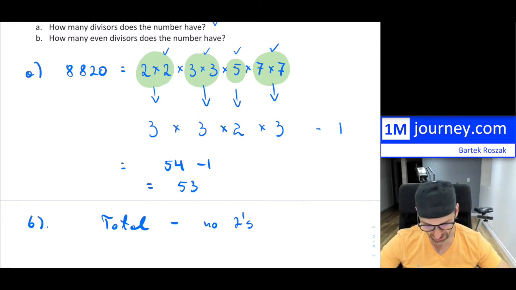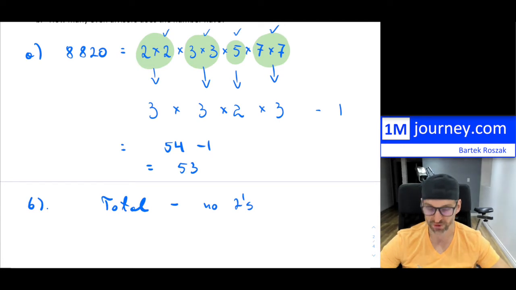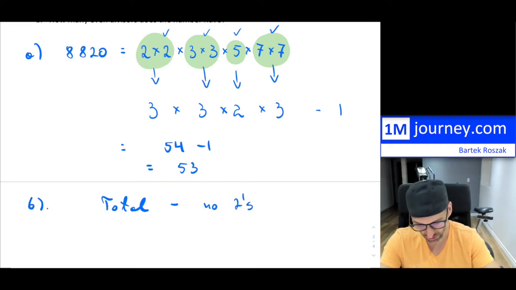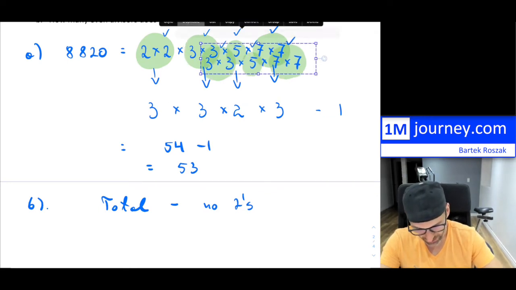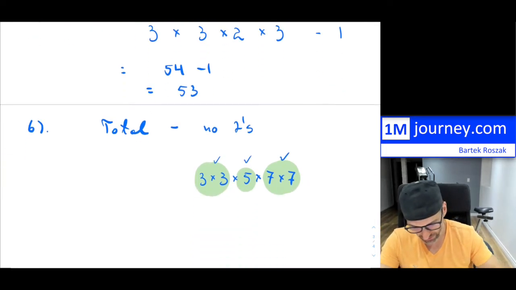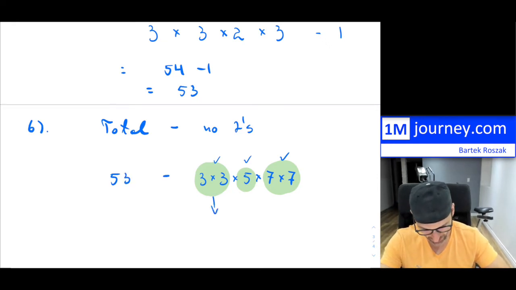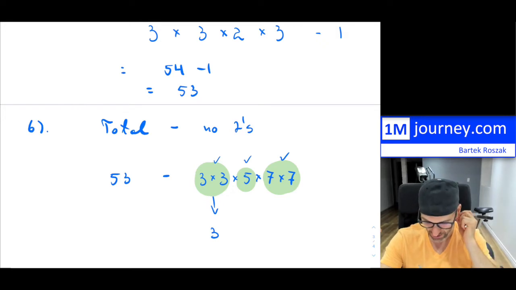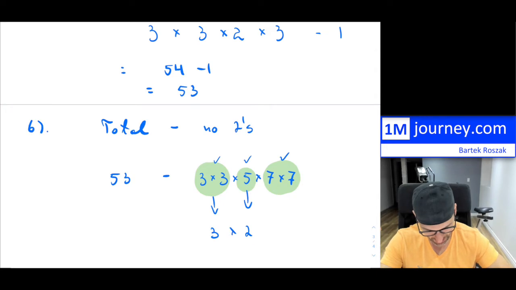In that case, if there are no 2s, there's only one way to choose that, one way of not having a 2. And then you can just simply use these. Let me duplicate it in here. I already know that the total is 53, so this is going to be 53 minus, and in here this is 3 possibilities for the 3s: no 3s, 1 3, 2 3s; 2 possibilities for the 5; and then 3 possibilities for this.